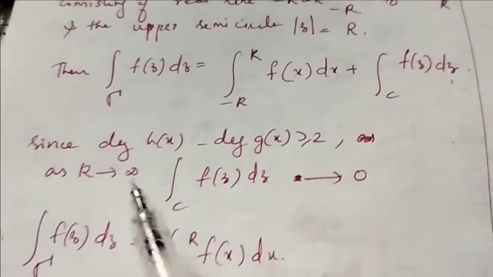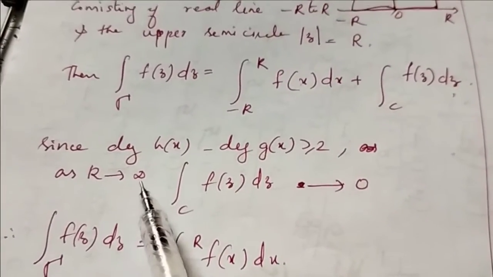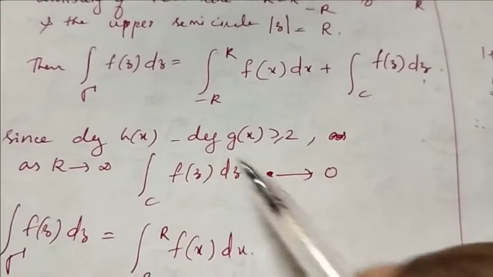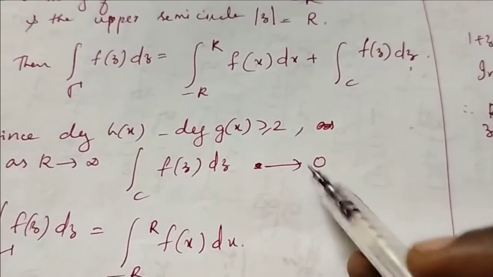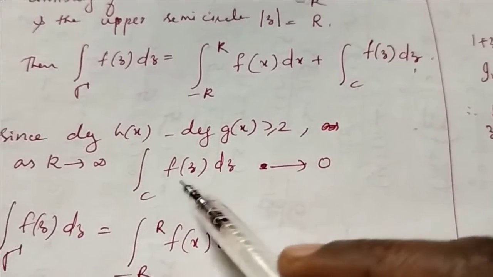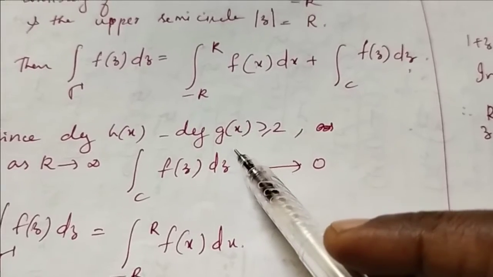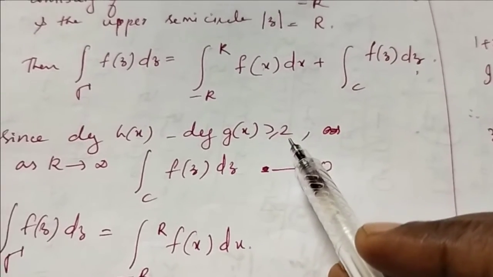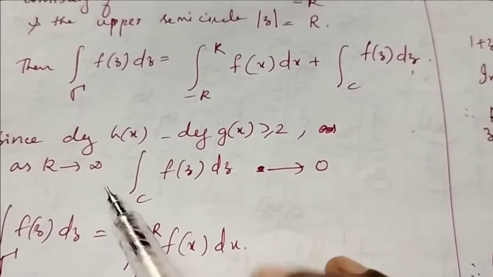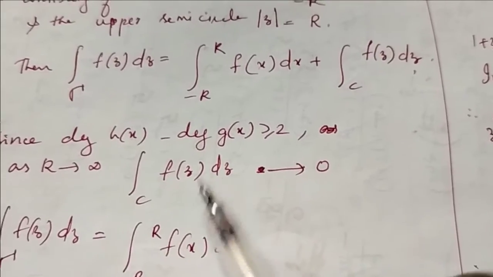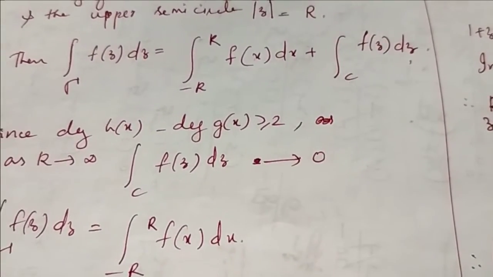So as r tends to infinity, that is, the radius becomes infinity, this integration tends to 0 because the degree of the denominator is greater than that of the numerator by at least 2. So always, if r tends to infinity, it becomes 0.